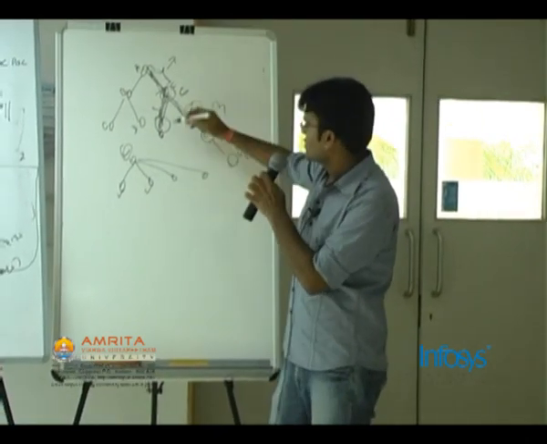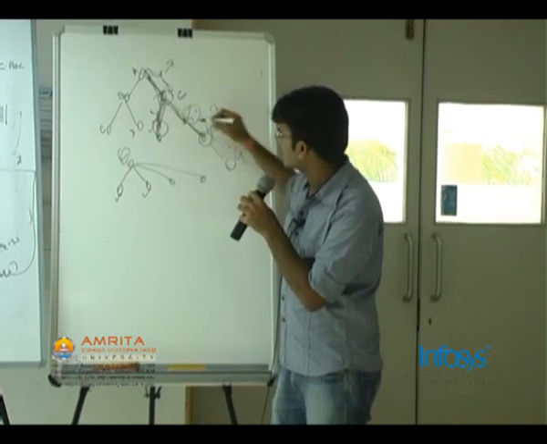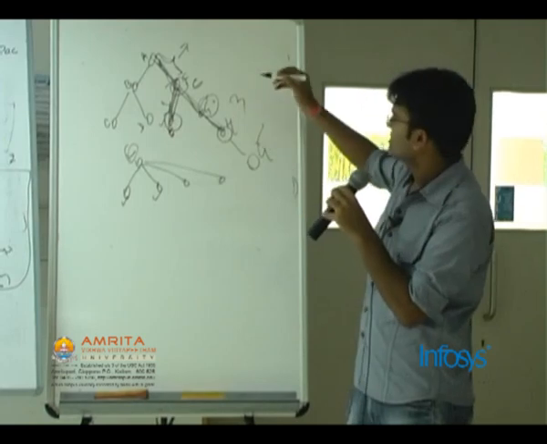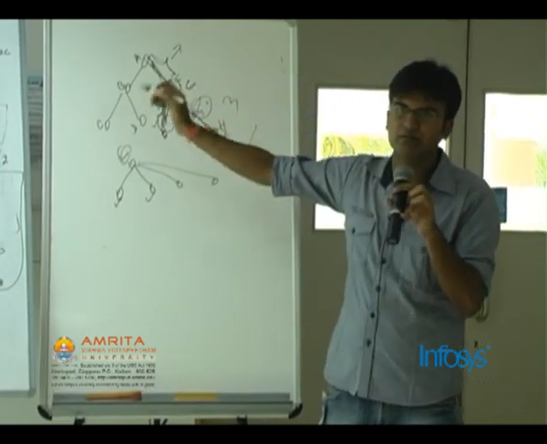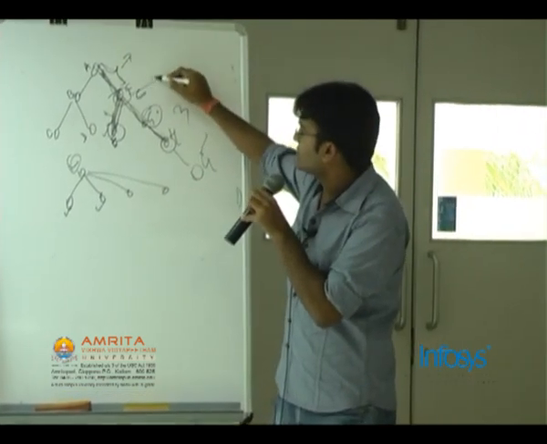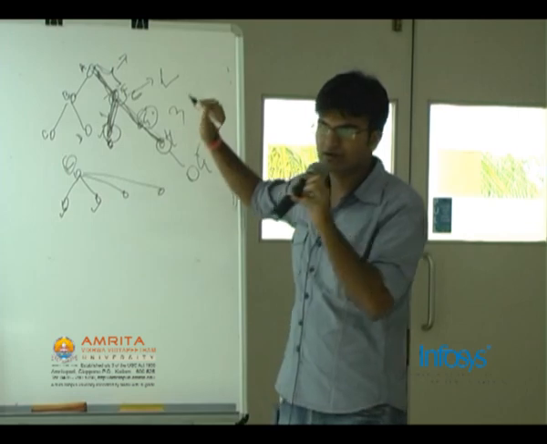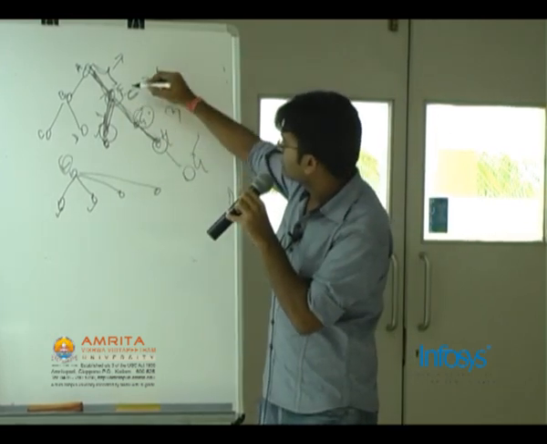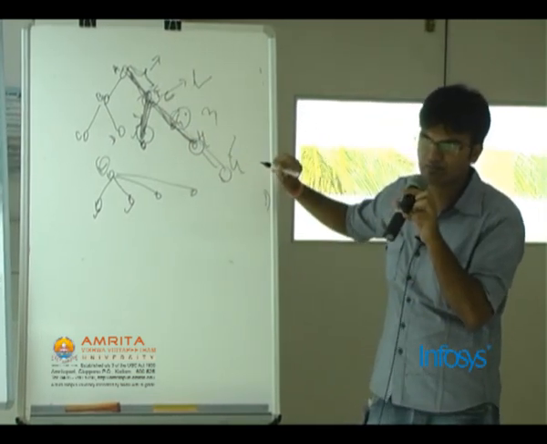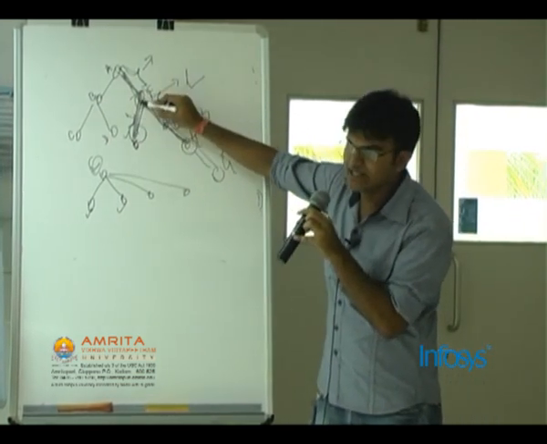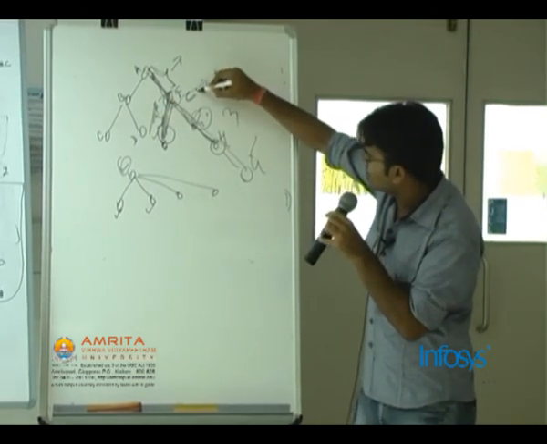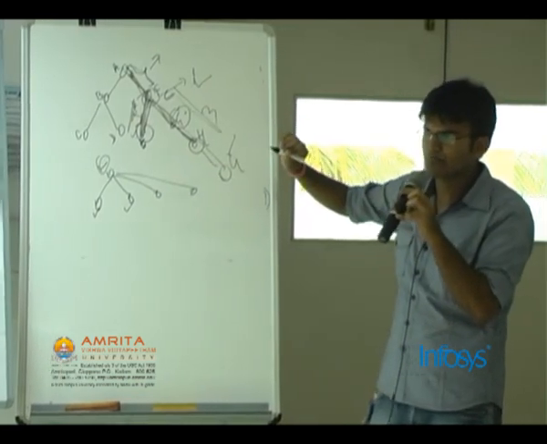If you have two nodes A and B, you can find the LCA of A and B, and you also know the level number of the LCA. So now you can find the path length between A and the LCA, and between B and the LCA. If k is less than this path length, then k lies on this part. If k is greater than that, then k lies on the other part.